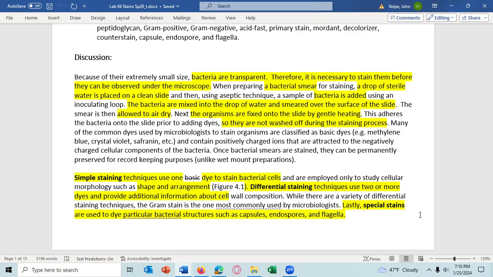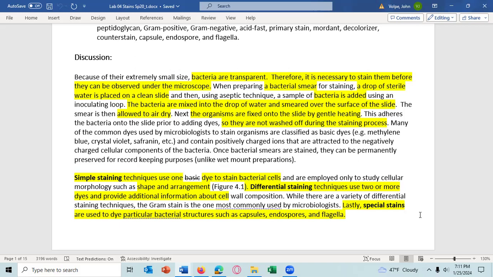Simple stains is a technique that uses one dye to stain bacterial cells. You can determine some things from this, such as the shape and the cellular arrangement, how the cells are growing together, from the simple stain.